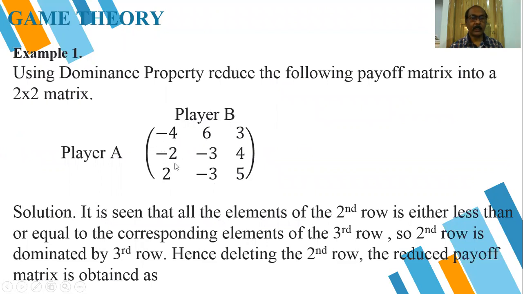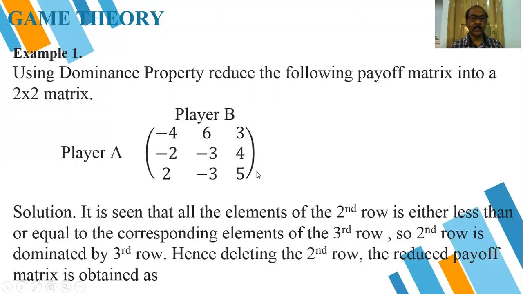This element -2 is less than 2, -3 is less than or equal to, that means equal to -3, and 4 is less than 5. So if we compare the second row with the third row of the pair of matrix, we find out that the second row's corresponding elements are less than the third row's elements.